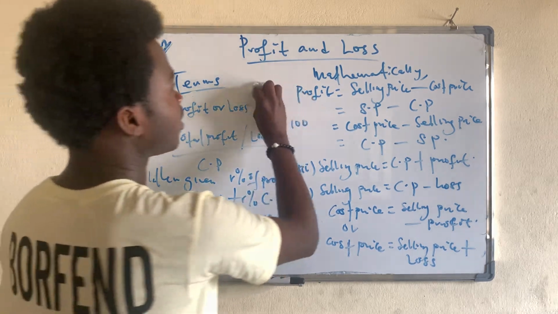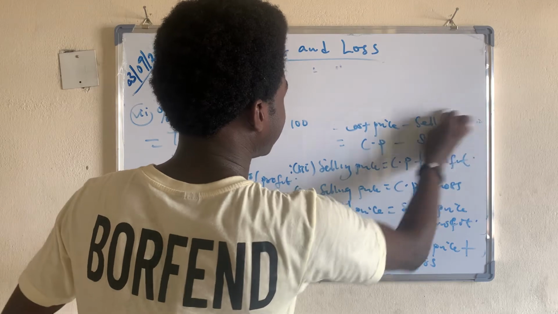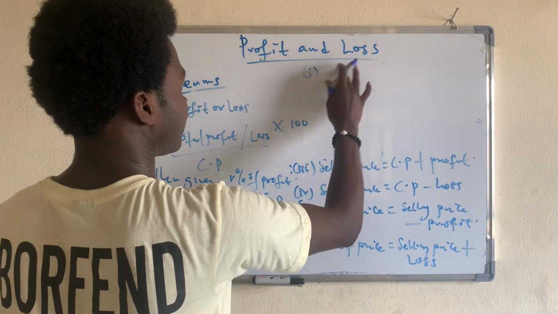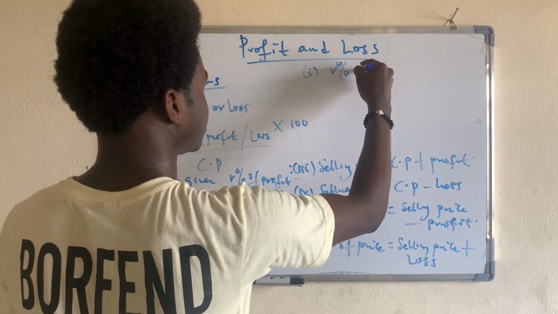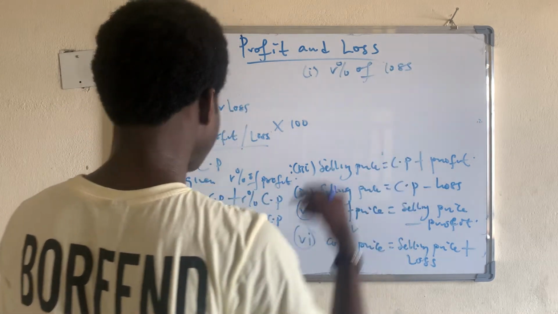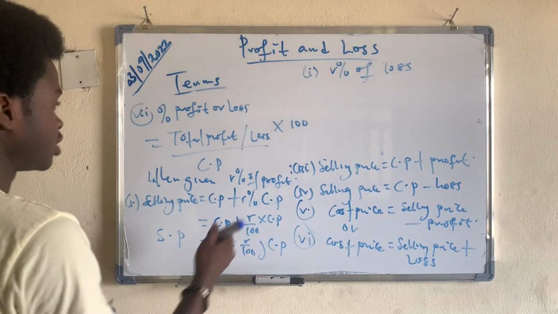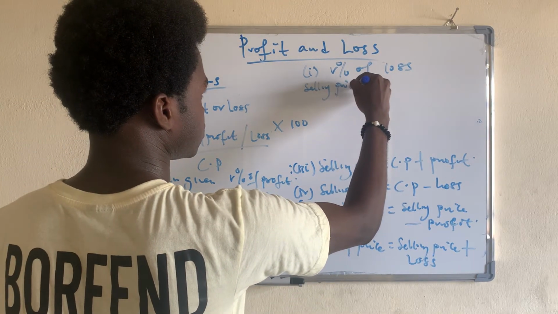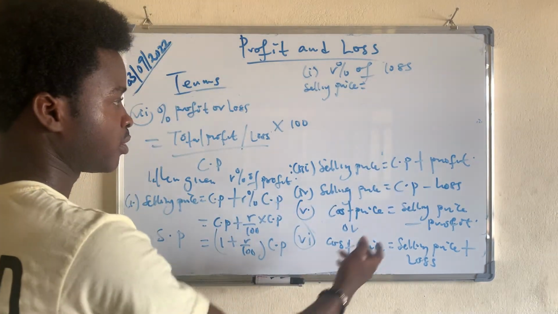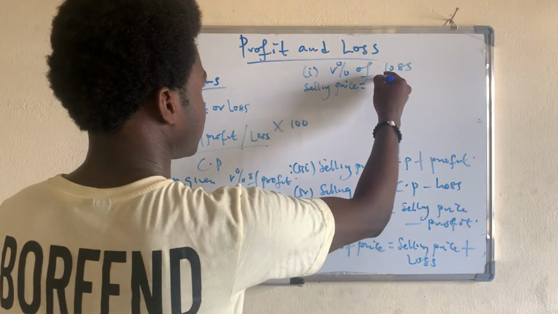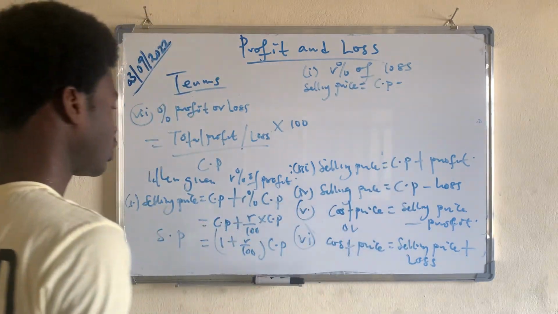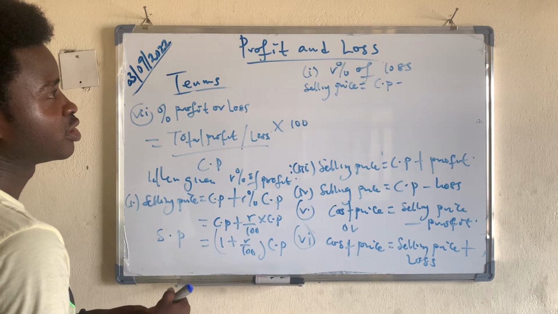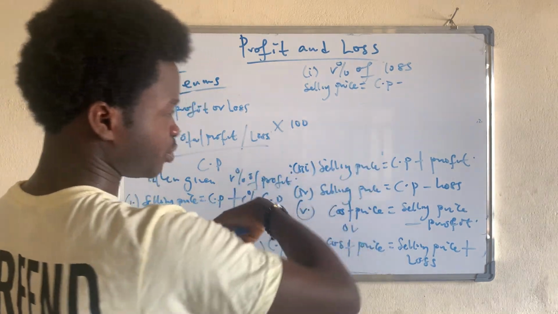Now we can say, when we are given a percent of loss, selling price is equal to cost price minus R percent of that same cost price.